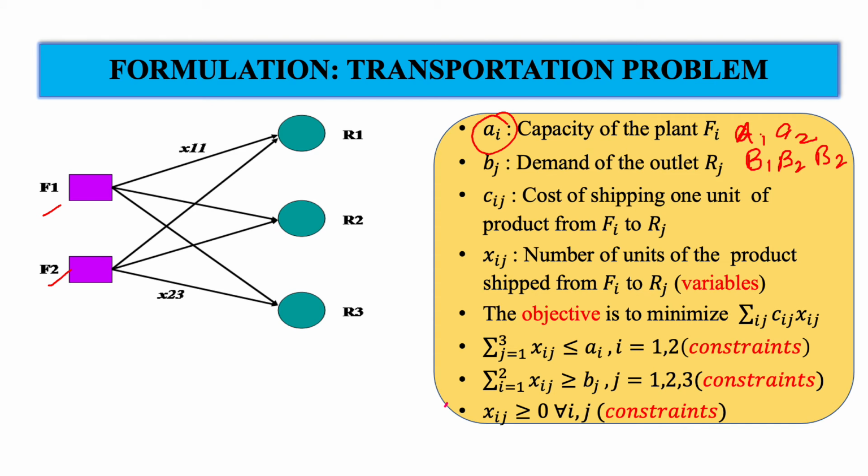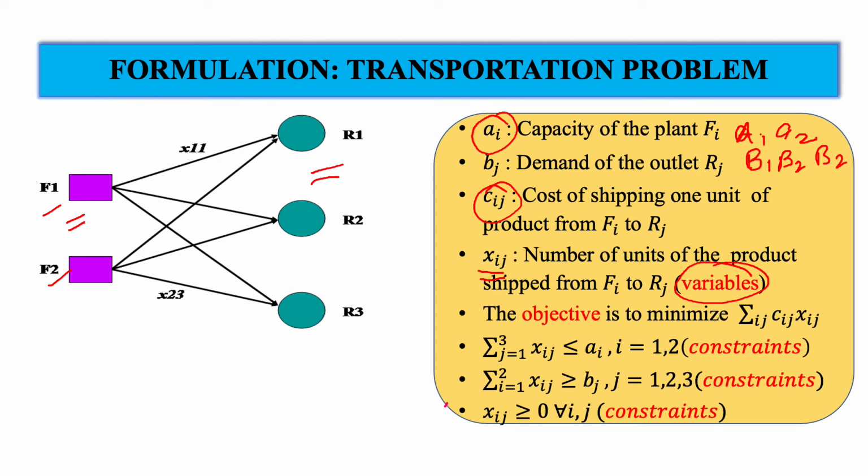Then Xij denotes the number of units of product that need to be shipped from factory Fi to retailer Rj. So Xij are now our variables, and the objective is to minimize the cost.